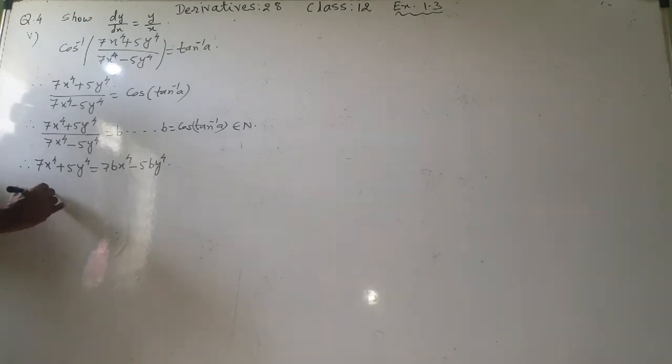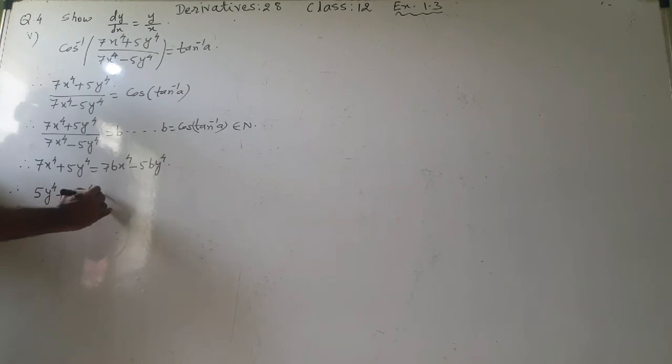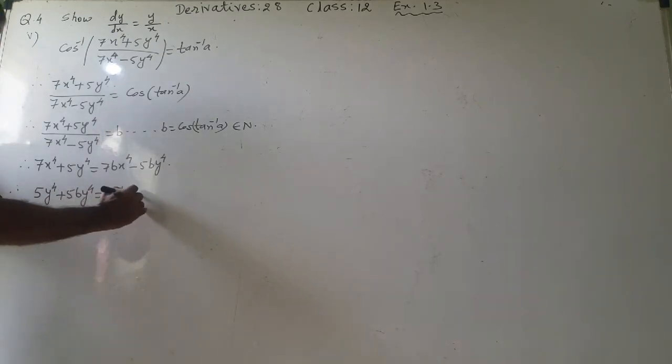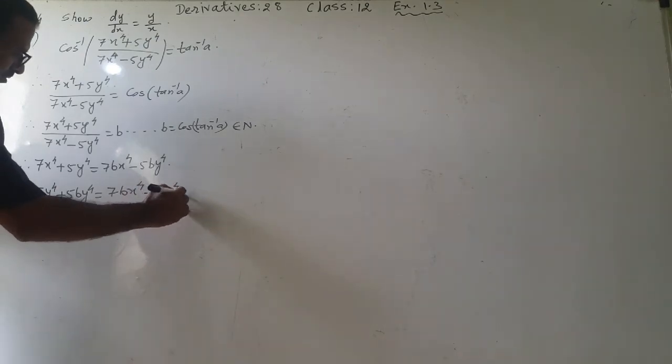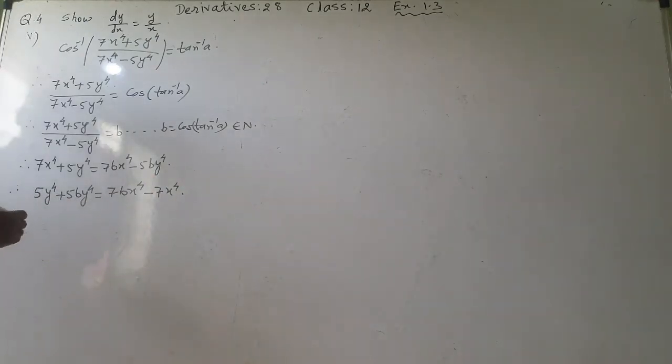So 5y raised to 4 plus 5b y raised to 4 is equal to 7b x raised to 4. Bring this here, minus 7x raised to 4. Therefore, now y raised to 4 is common. 5 is also common. So 5y raised to 4 is common.